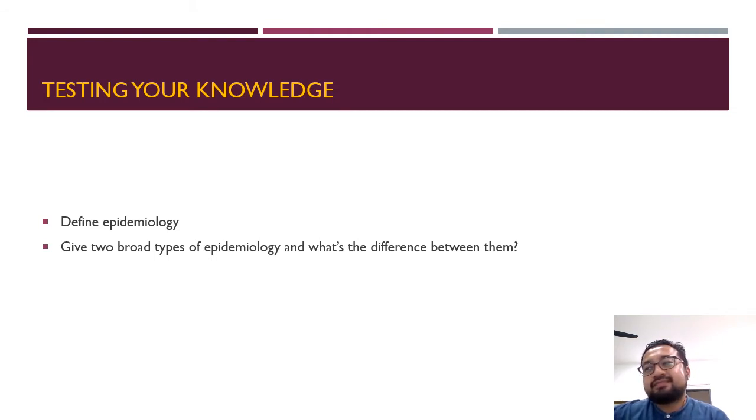Experimental and observational. It's not experimental. It's analytical dengan descriptive. Okay? Yes, descriptive dengan analytical. Descriptive epidemiology ni adalah kita nak mengetahui, observe saja, berapa persen disease tu dalam sesuatu population.